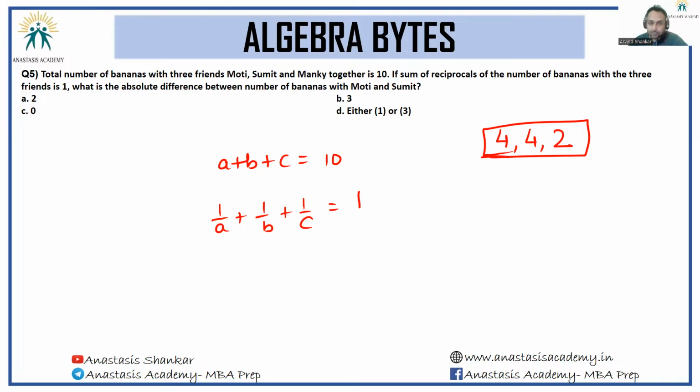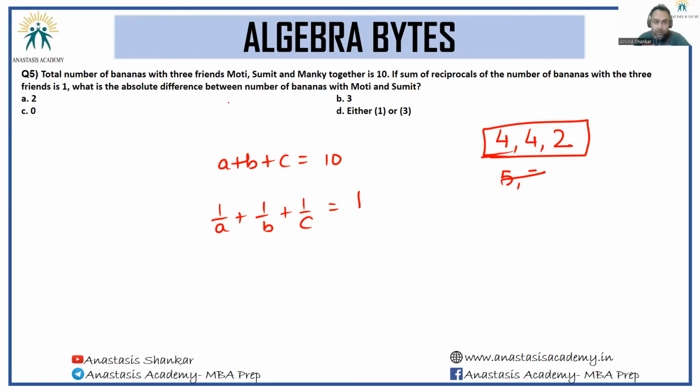Or potentially there is one more solution set, 5 and 5. You cannot have 0, because then this would become bad. 4, 4, 2 is the only solution set possible here.